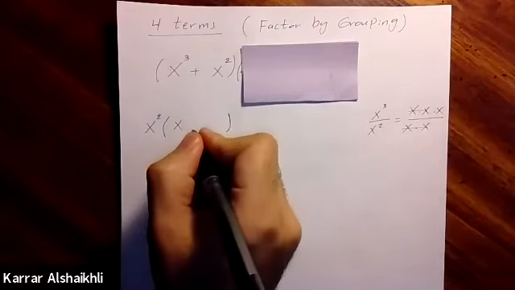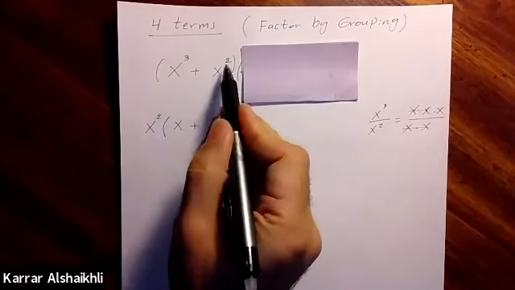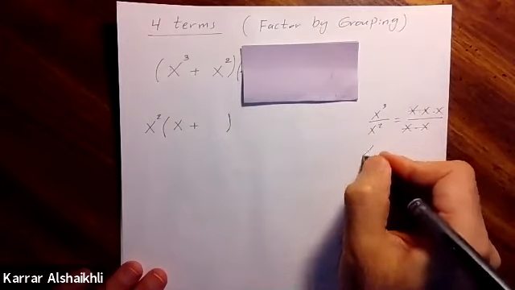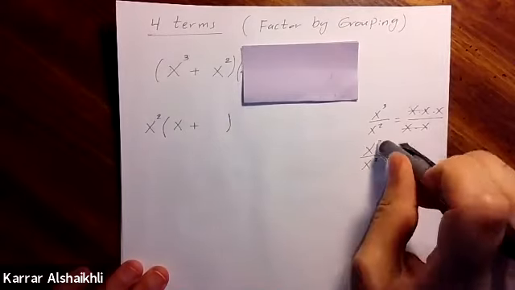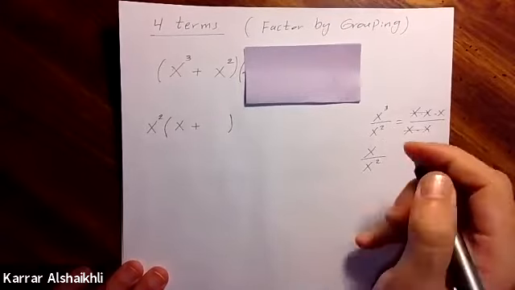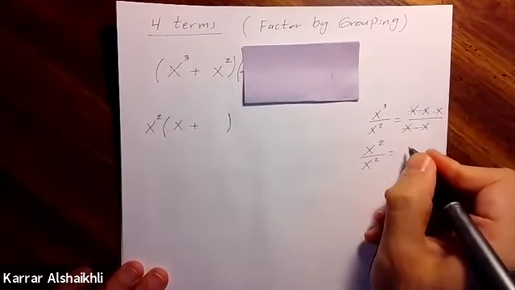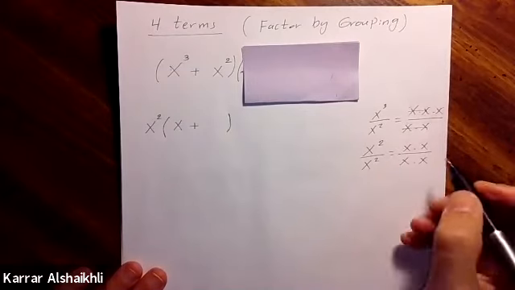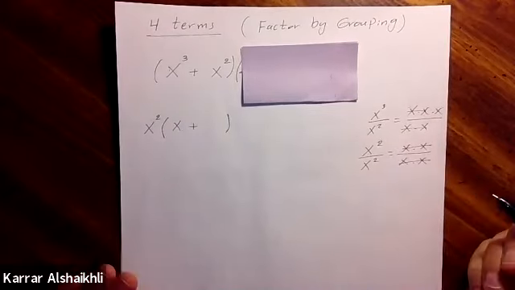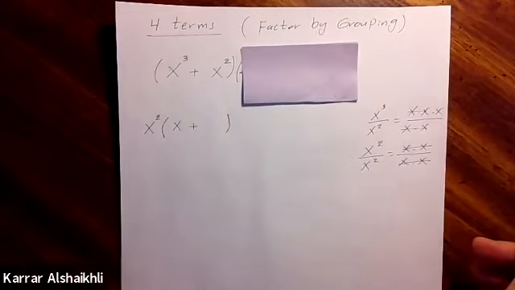Okay? Plus x squared divided by x squared. How much is the result? That means you have 2 x's on the top and how many x's on the bottom? 2 x's. Cancel these 2 x's with these 2 x's. How much is left over? 1.